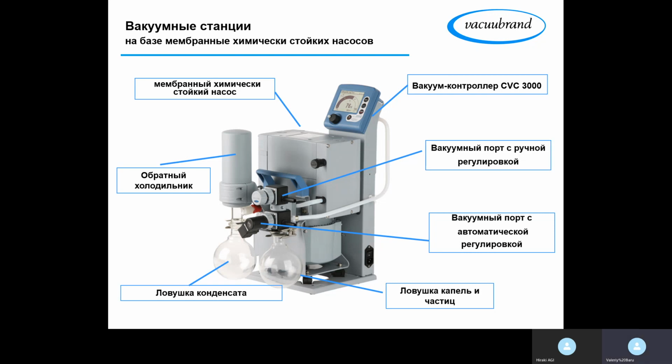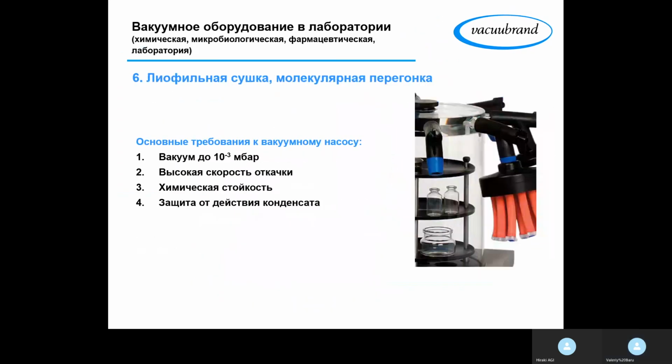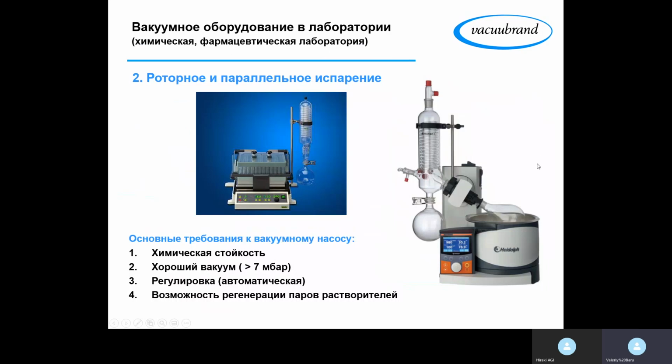Let's explain it the other way around. Let's go back to a picture. We have the rotary evaporator. If the chiller that we choose is not powerful enough to condense all the vapors, a certain amount of vapors will go into the vacuum pump.